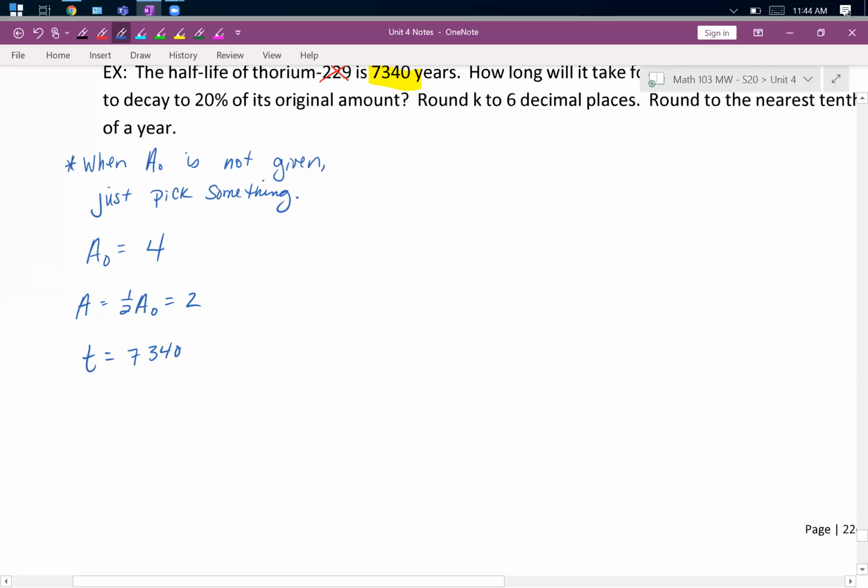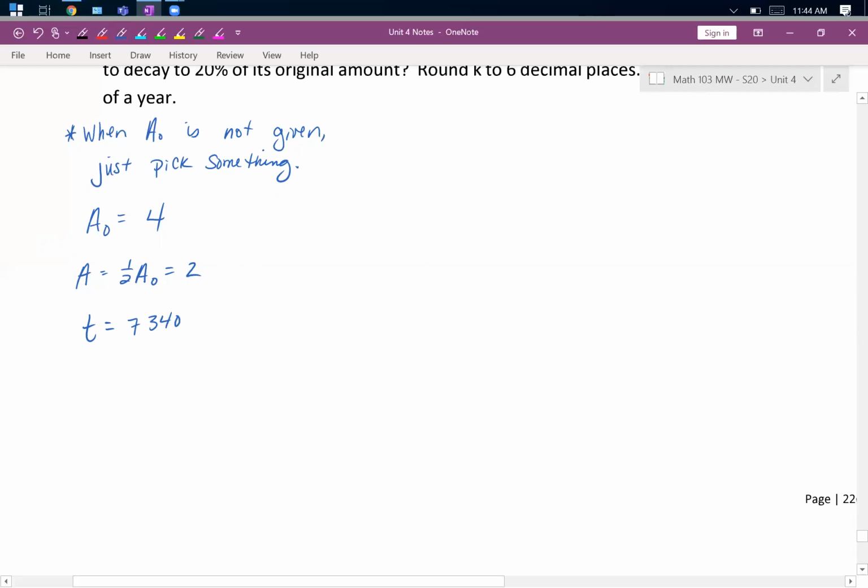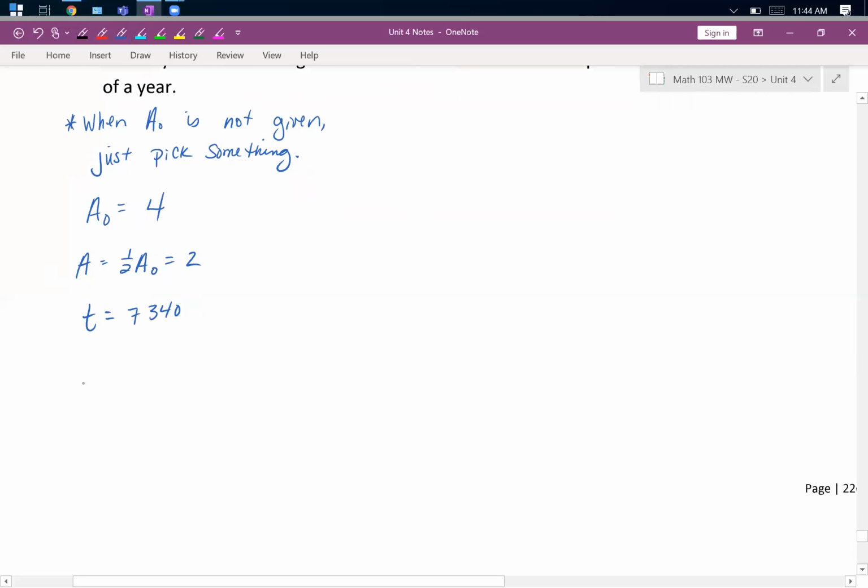Now we have all the information that we need, and we can plug it into our equation. A equals A sub 0 times e to the kt power. So 4 equals 2 times e to the k times 7,340 power.